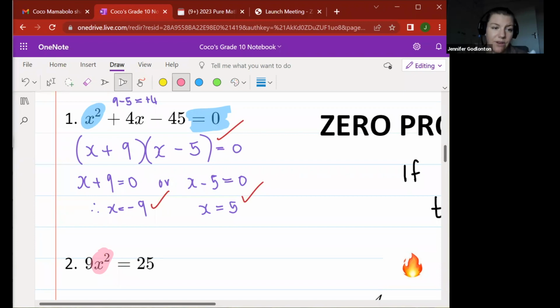Move that 25 over. So if we've got that 9x squared minus 25, then we can do DOTS from there, which just makes our life a little bit easier. Because we can square root, but often what happens is that people miss out one of the answers.